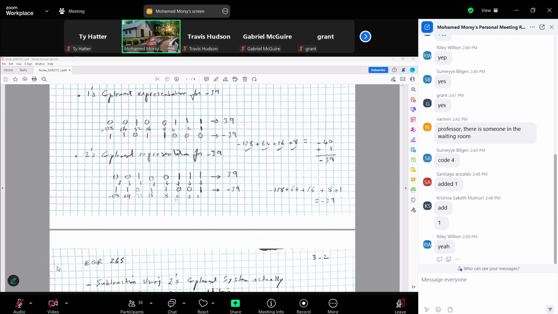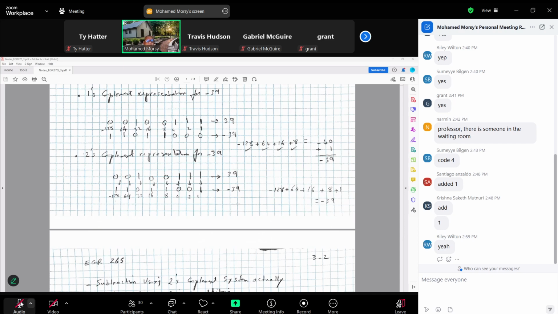Then 2 to the power 2, which is 4. So simply double the numbers to get the weights: 1, 2, 4, 8, 16, 32, 64, minus 128. The last is minus 128, not 128, because this is in 2's complement representation.